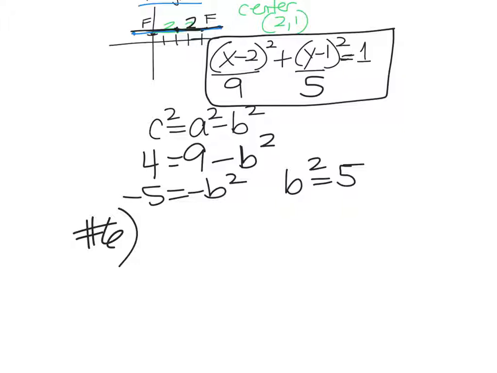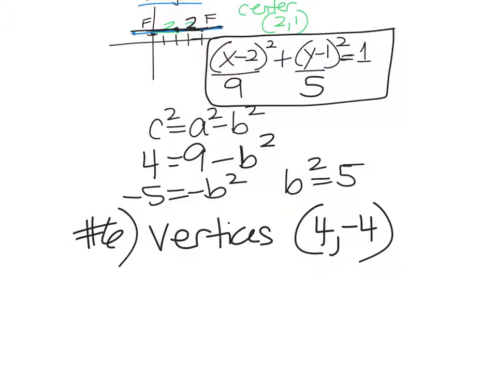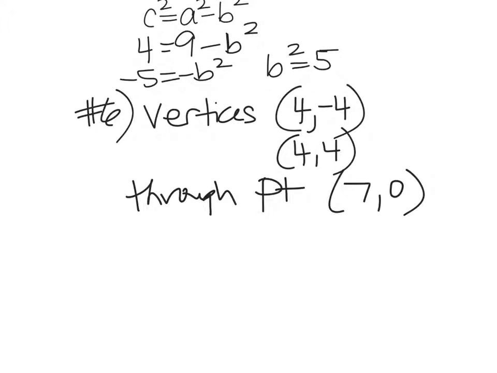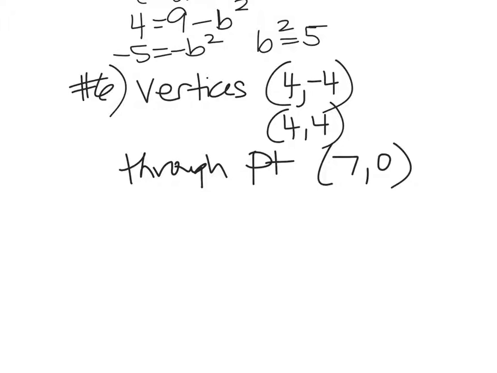All right, let's say that the vertices are at (4, -4) and (4, 4), and that our ellipse goes through the point (7, 0). Okay? We're supposed to come up with an equation for the ellipse.